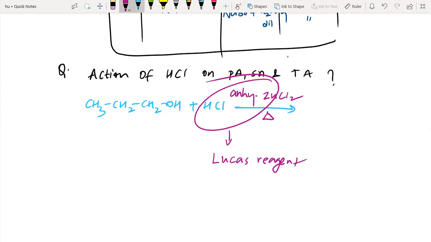Now we'll see the product which we'll get is CH3CH2CH2Cl, plus a water molecule.